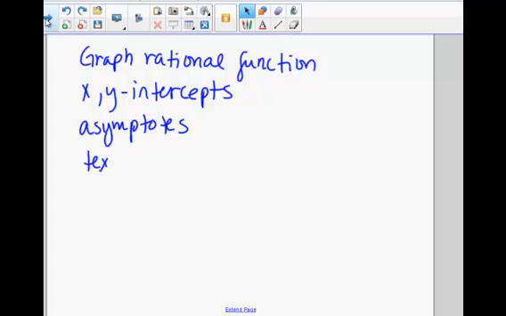We have already gotten all that stuff, so I'm going to show you how you would finish graphing it.